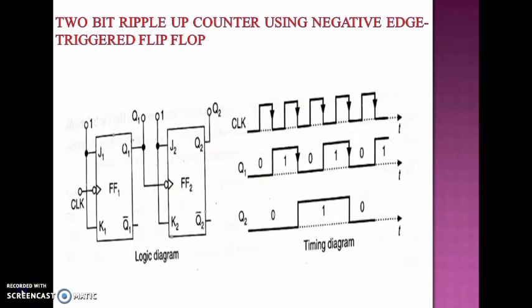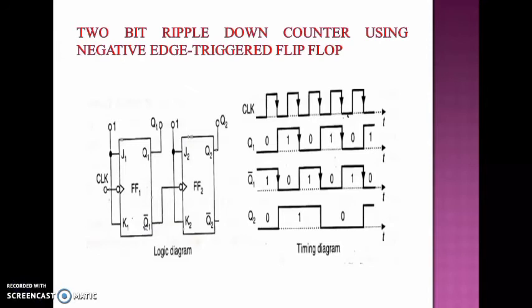Next, 2-bit ripple down counter using negative edge trigger flip-flop. The 2-bit down counter counts in the order 00, 11, 10, 01. Again return to 00.